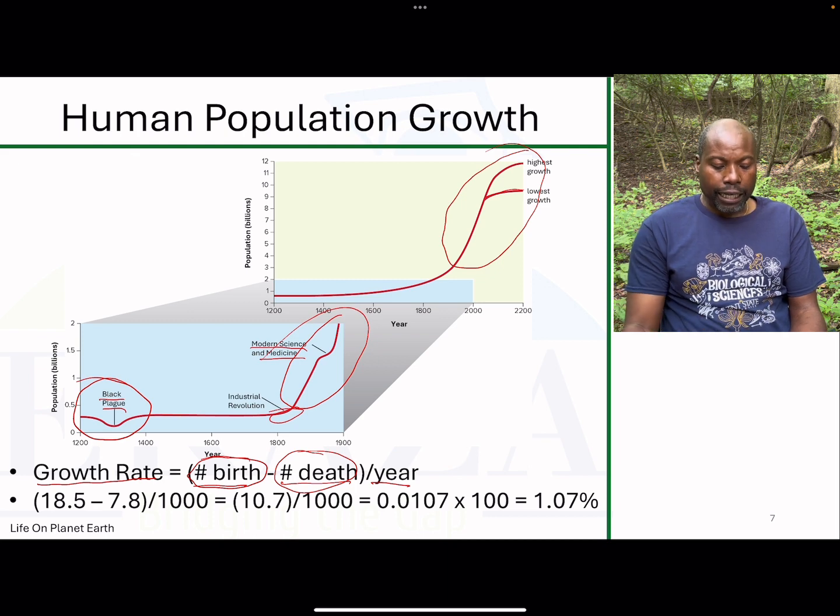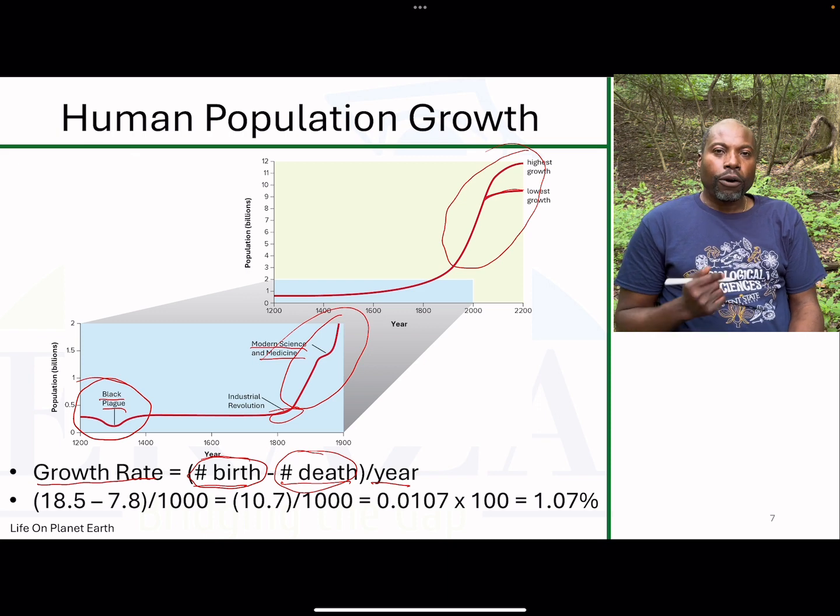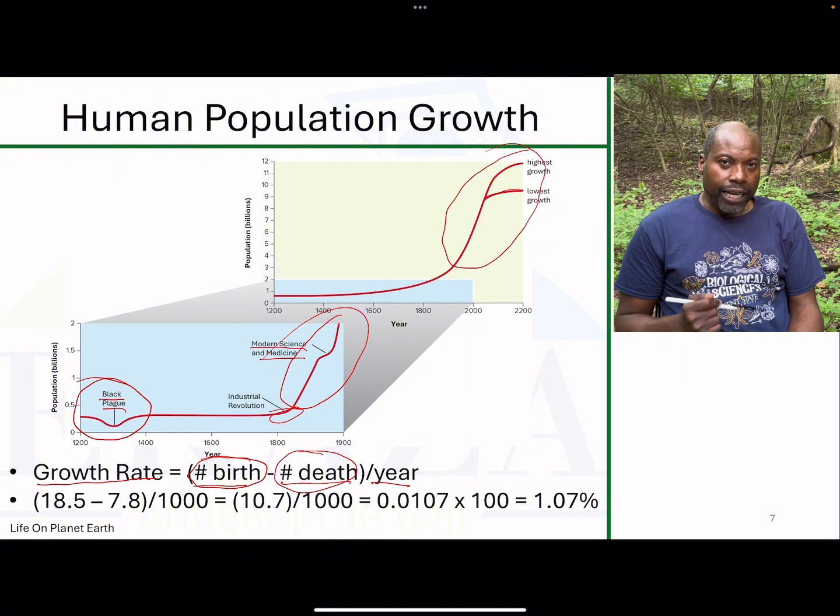So specifically, here we have an example. If for a given year the birth rate in the population was 18.5 and the death rate was 7.8, we divide this by 1,000, for every 1,000 people.